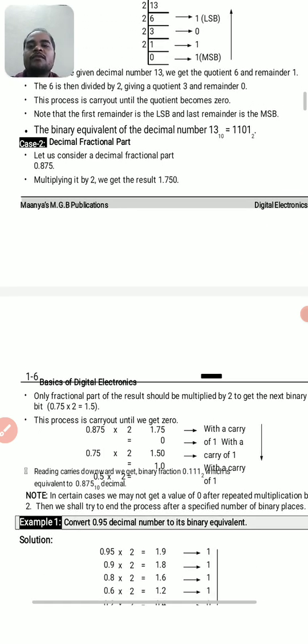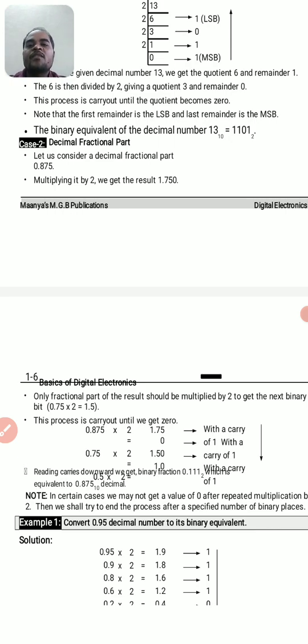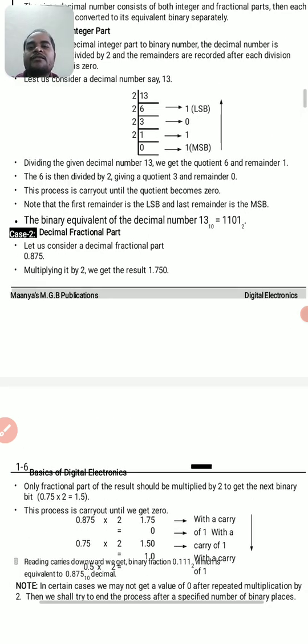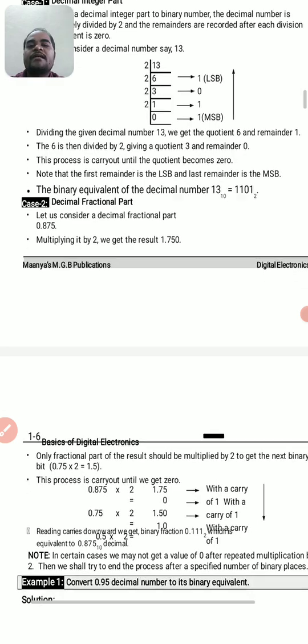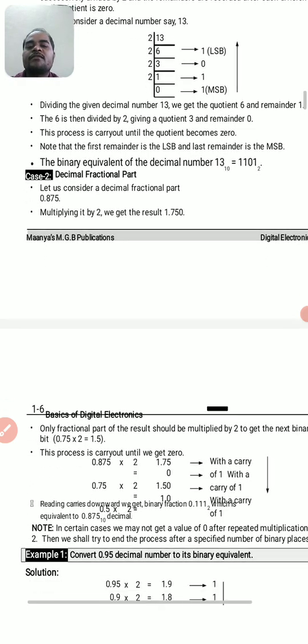Next, how to convert a decimal fractional part into a binary fractional part. First we consider a fractional part like 0.875. In the case of the integer part we divided by 2, but in the case of the fractional part we have to multiply by 2. Multiplying it by 2, we get 1.750.